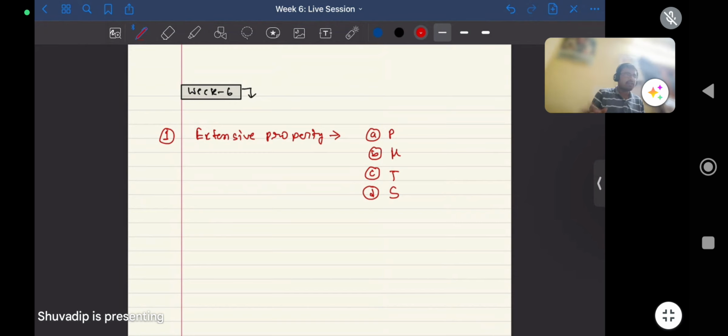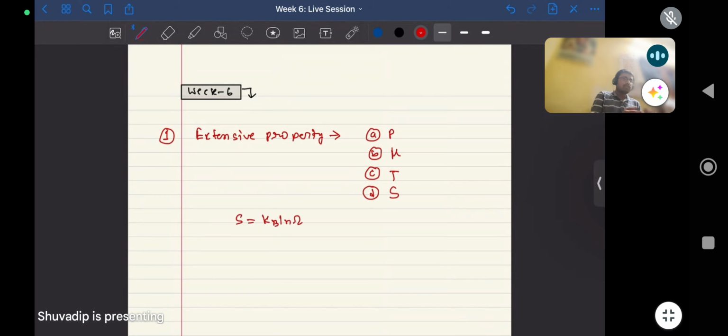But think about temperature or pressure. If you cut that box, there will be no change in the individual box after cutting. So pressure and temperature remain the same, and in that case pressure and temperature are intensive properties. Similarly, chemical potential is also an intensive property. But entropy, if you remember the formula of entropy, is k_B ln omega.